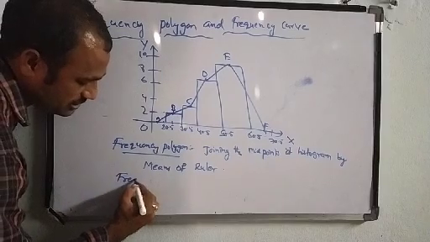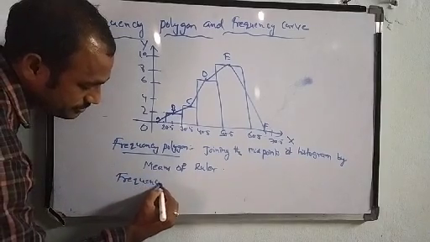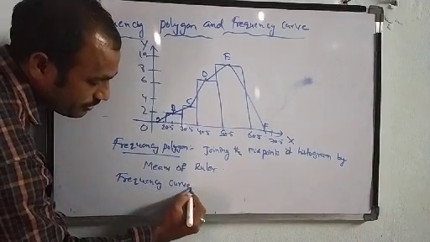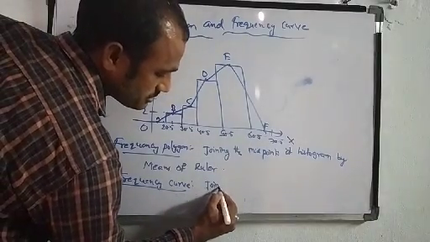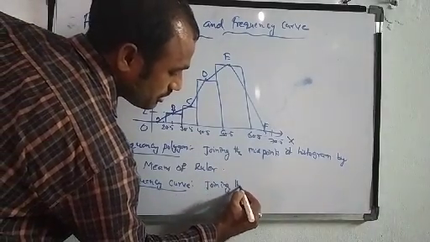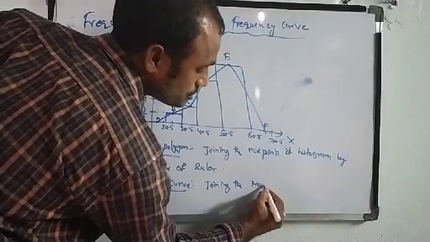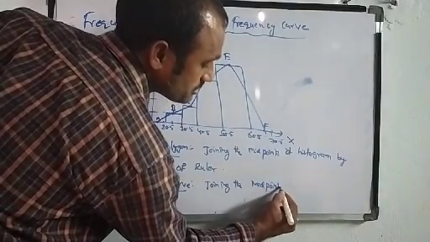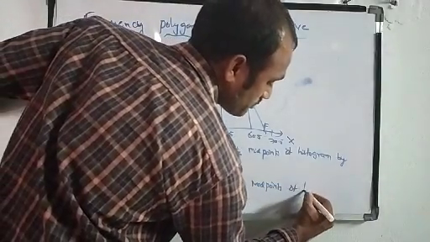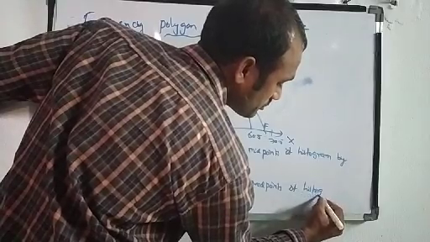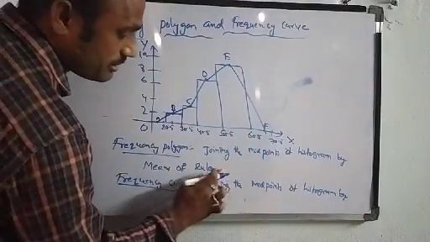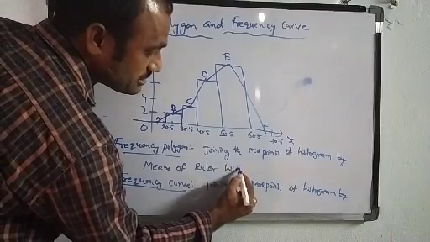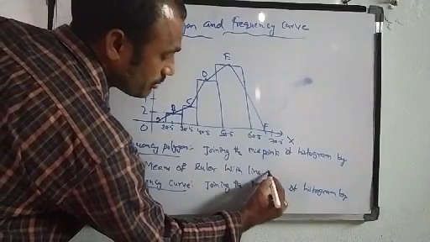If I want to call it a frequency curve, then joining the midpoints of the histogram by means of a ruler with line segments, with the line segments only we have to draw.